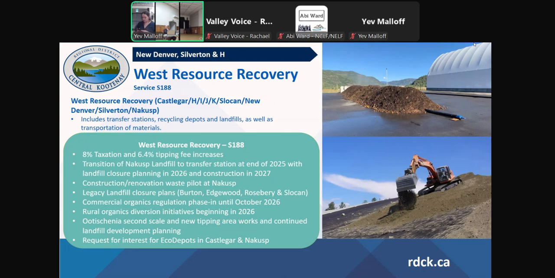It includes transfer stations, recycling depots, landfills, as well as the transportation of materials. It's seeing an 8% taxation, 6.4% tipping fee increase.